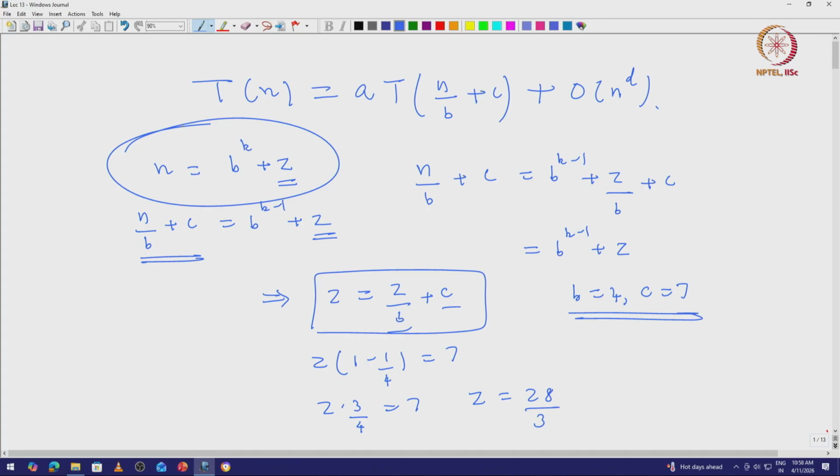Because we are taking ceiling and floor, z equal to 10 should work. The exact value should be 28 by 3. If that itself is an integer, it is fine. If that is not an integer, take the next number, then that will have the upper bounding property with a similar term.